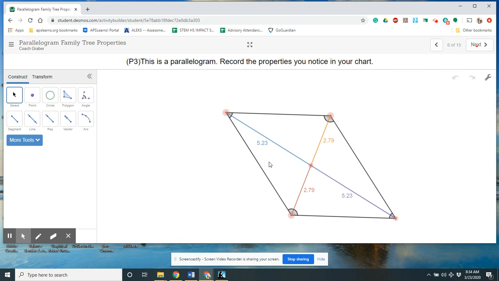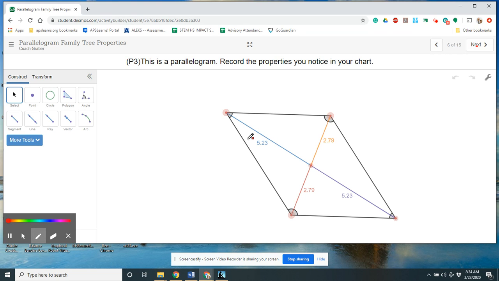Now, for this one, you're looking at the diagonals. So this line across that's made of both the blue and the purple is one diagonal, and this is the other diagonal. Now, these diagonals are not the same length. This one is obviously shorter than this one. But what you will notice is that these two halves of the diagonals are the same.